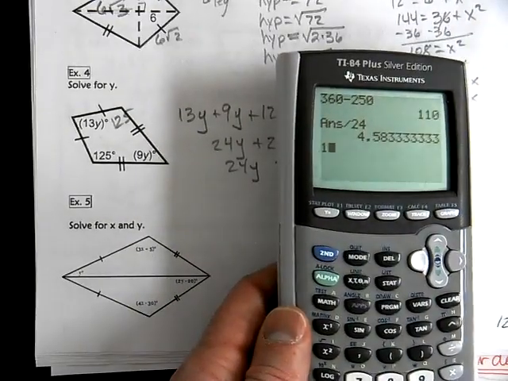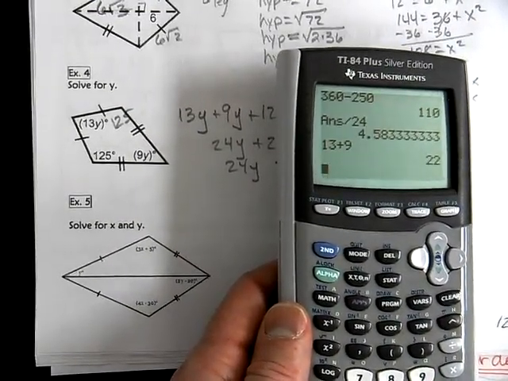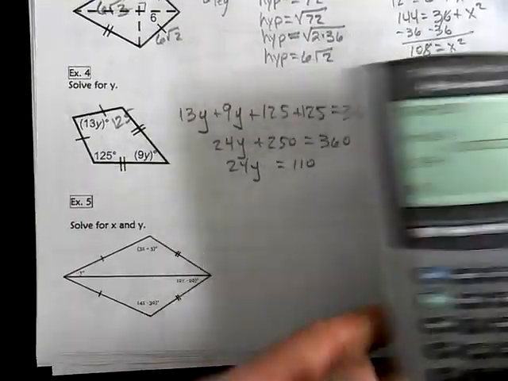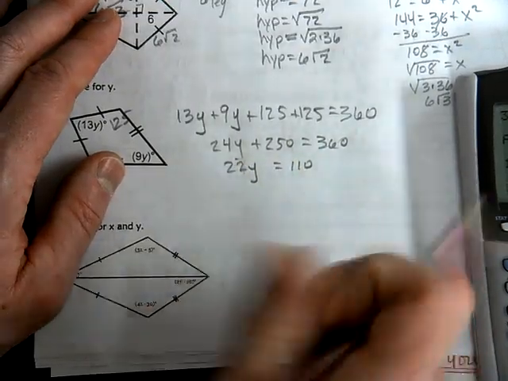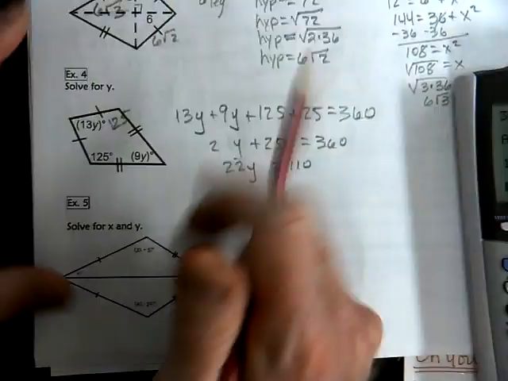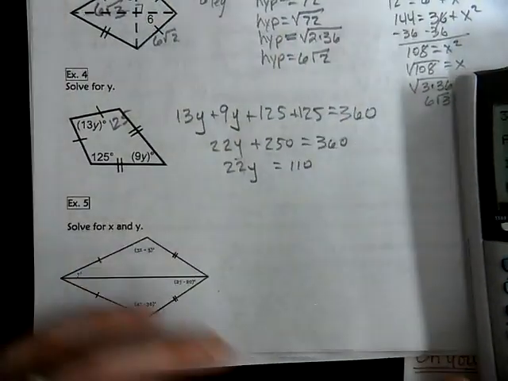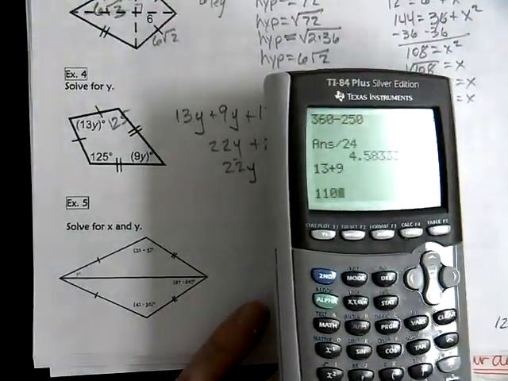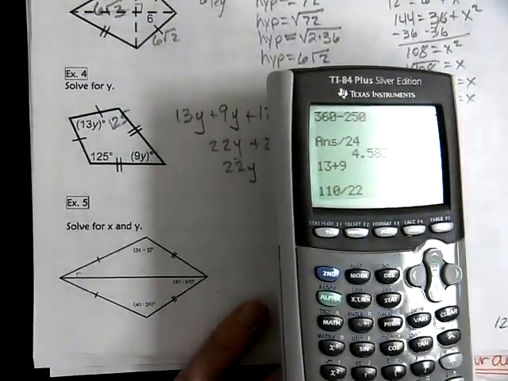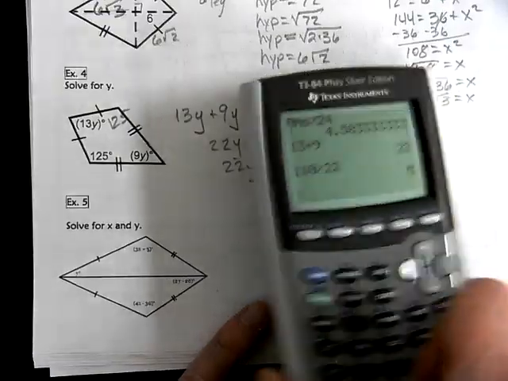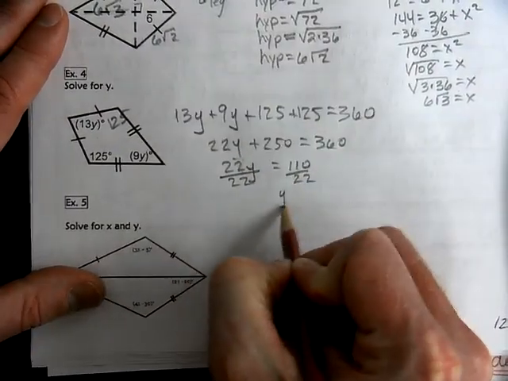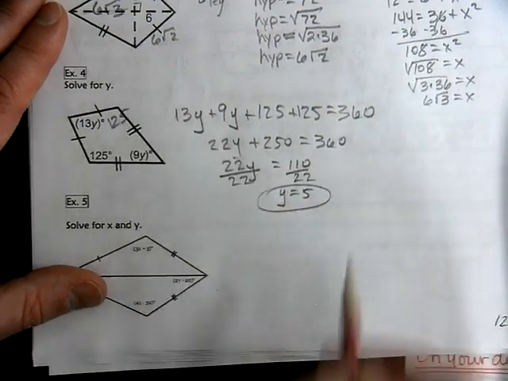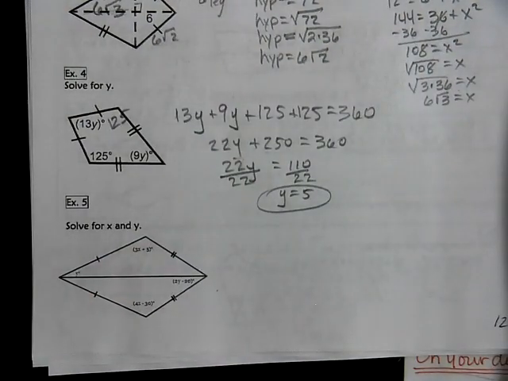Oh, because 13 plus 9 is not 24. 13 plus 9 is 22. Did you just copy me, or did you understand where the numbers came from? So now we can divide 110 by 22, and we get an exact 5. So y equals 5.